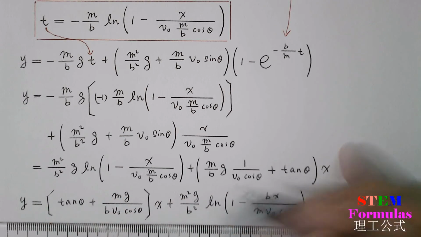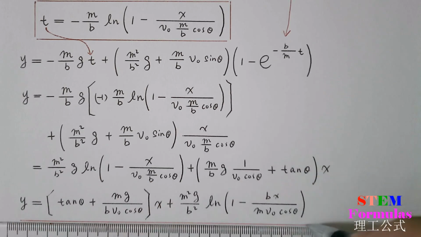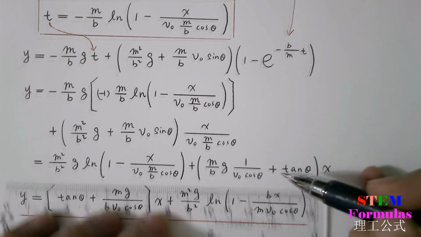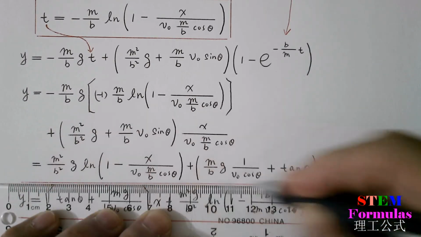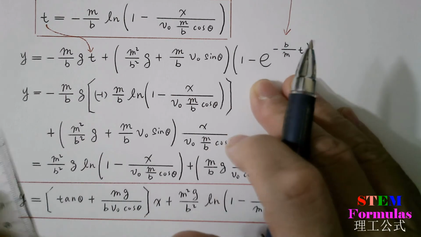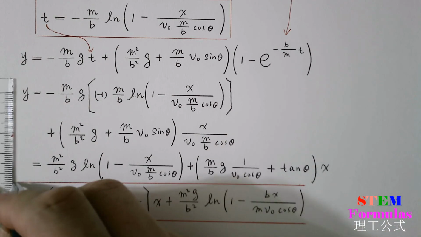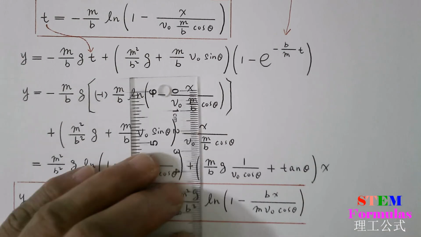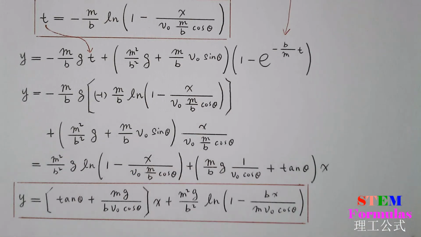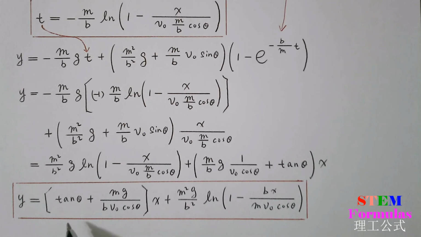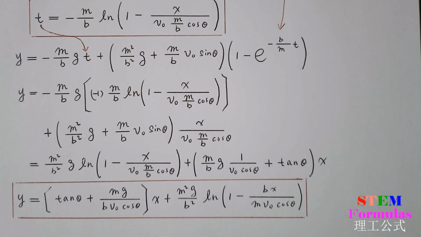This is the trajectory equation for the projectile with air resistance.